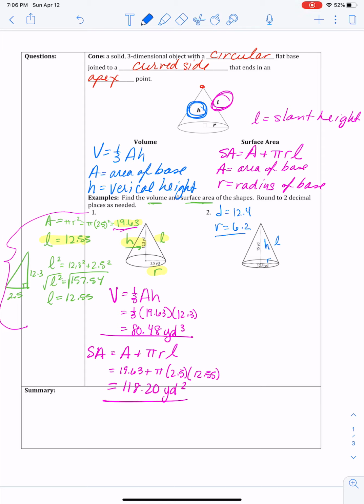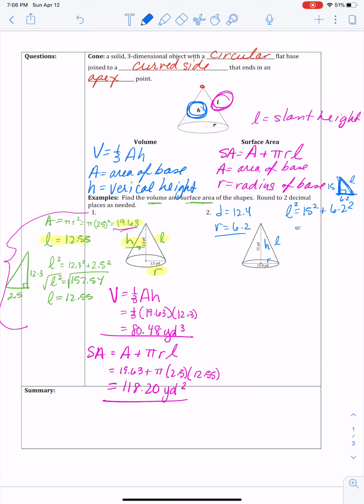To find the slant height, L squared equals 15 squared plus 6.2 squared. We're just using the Pythagorean theorem to find the hypotenuse of our right triangle.